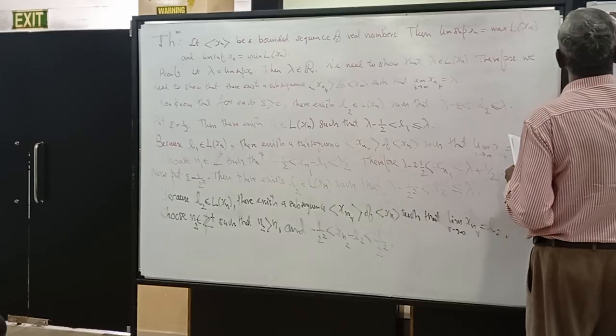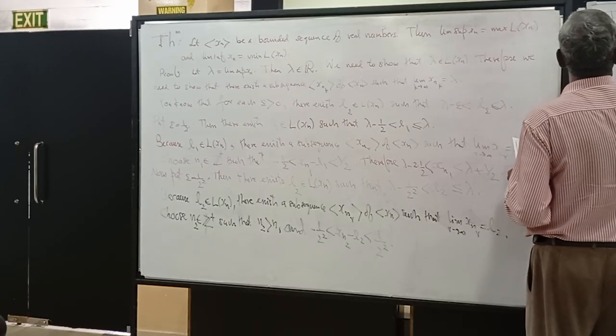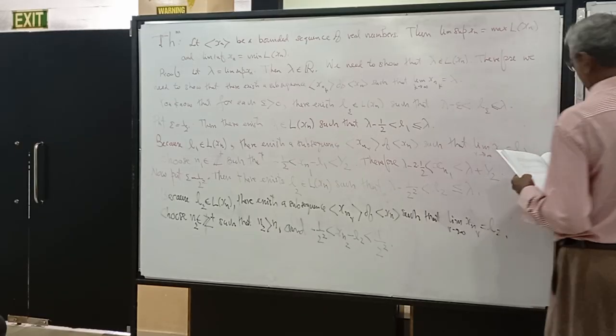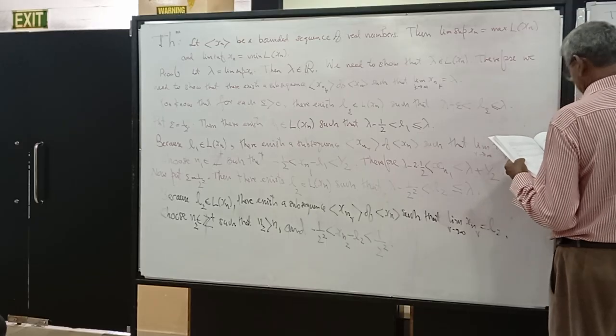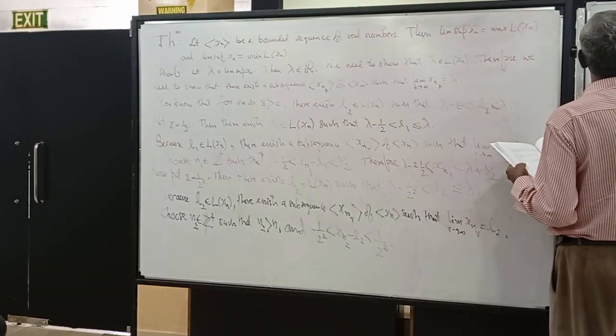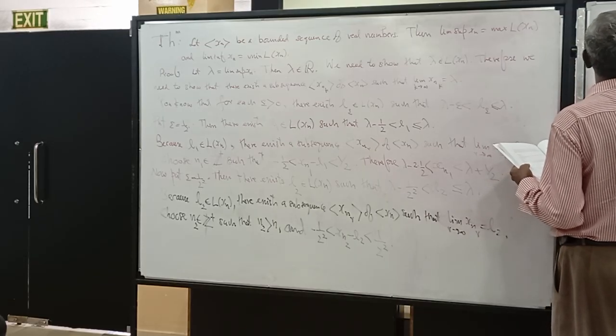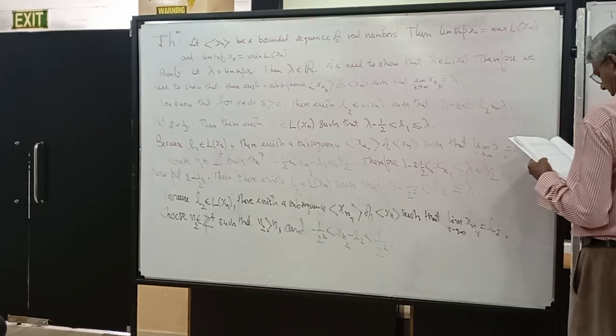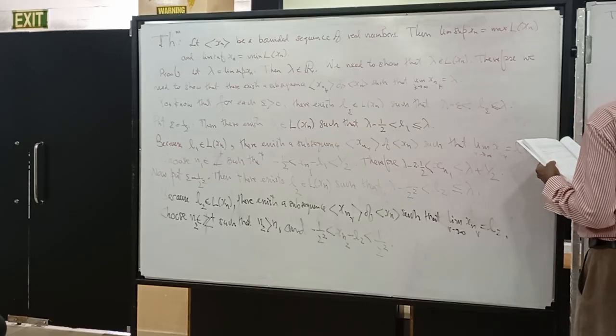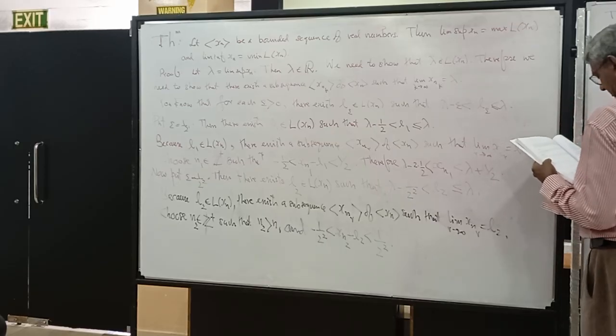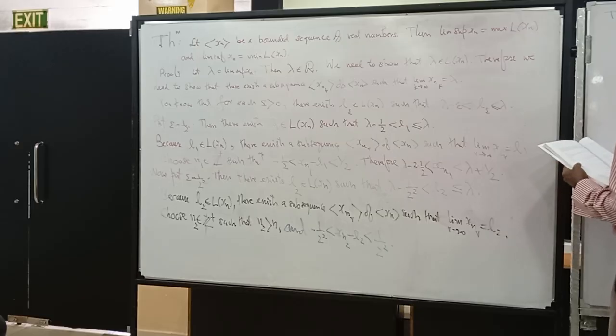Therefore, can you see what I am writing? Therefore, lambda minus 2 times 1 half square is strictly less than xn2, which is strictly less than lambda plus 1 over 2 square.